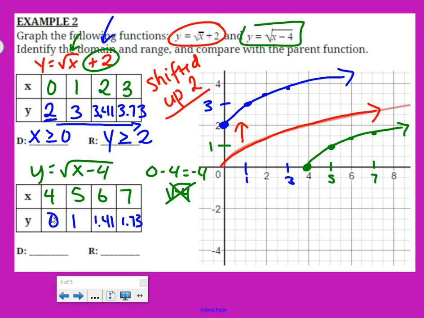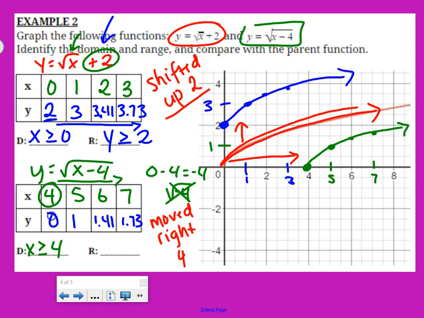Looks pretty similar to our parent function here in red, except for it's just been moved over to the right 4. So we can say moved right 4. Domain x values, x is greater than or equal to 4 because we started at 4 and the numbers got larger. Range as those y values, we start at 0, so greater than or equal to 0 because our numbers are getting bigger than 0.